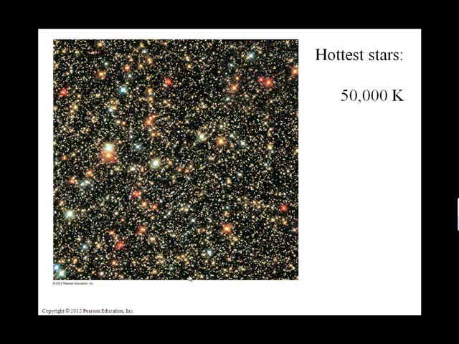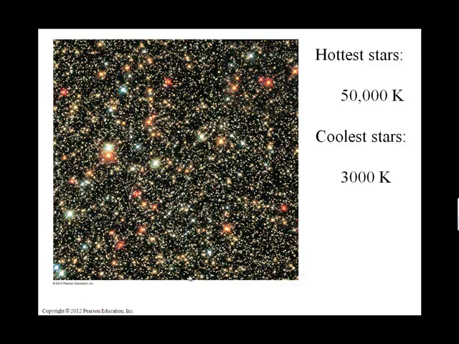Okay. So as it turns out, our hottest stars tend to have surface temperatures of not 5,800 Kelvin like our sun, but 50,000 Kelvin. Now remember that although this is the temperature of the surface of the star, if they're actively fusing something in their core, the cores of all stars are much hotter than that.